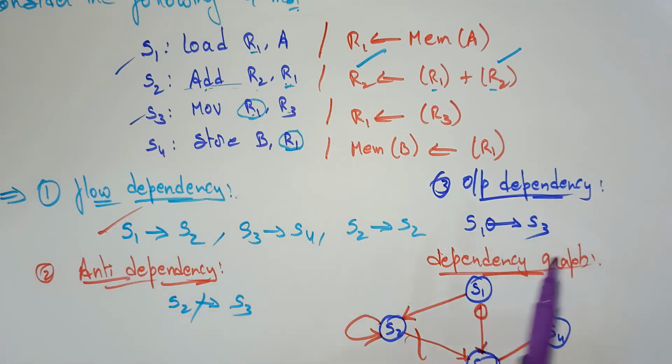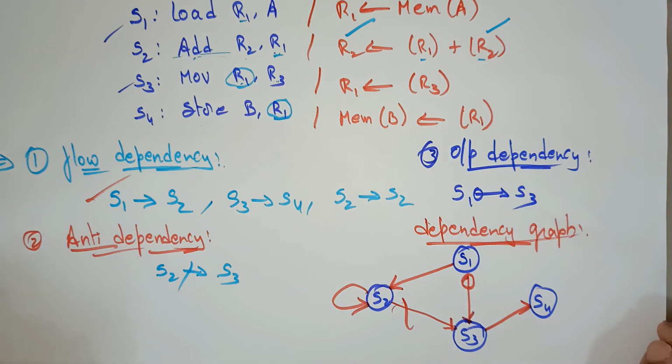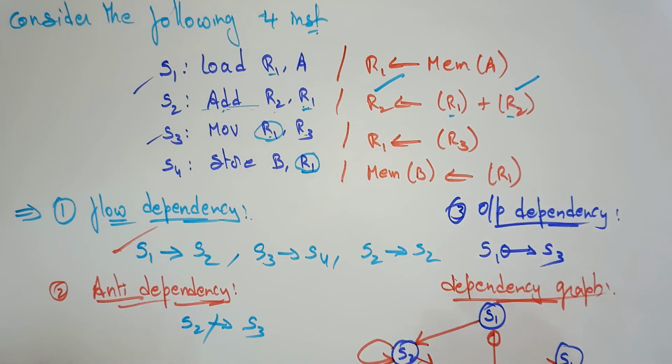In the exams, if you are asked to write the dependency graph, by seeing the instructions, first identify what dependency relations are there in the instructions. Try to identify the 5 types of data dependencies and represent them in the form of a dependency graph. I hope you understand how to write the dependency graph. Thank you.